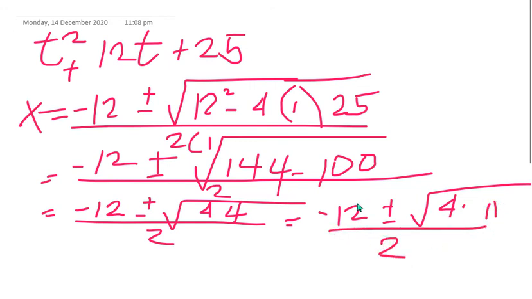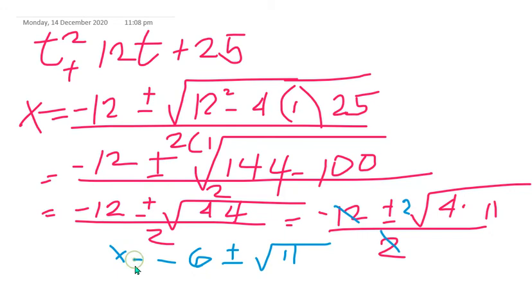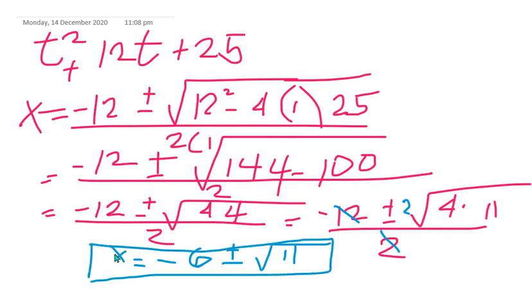Therefore, negative 12 divided by 2 is negative 6, plus or minus the square root of 4, which is 2. 2 divided by 2 is 1. What remains now is the square root of 11. So therefore, these are now the roots of the equation, one positive and the other negative. Okay.